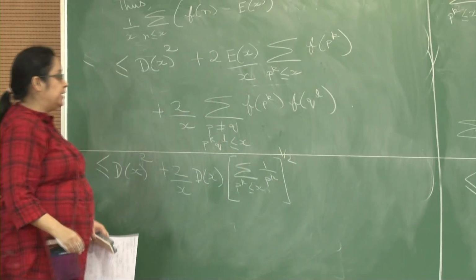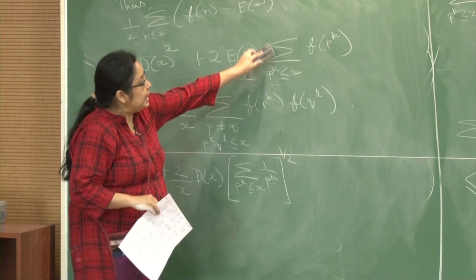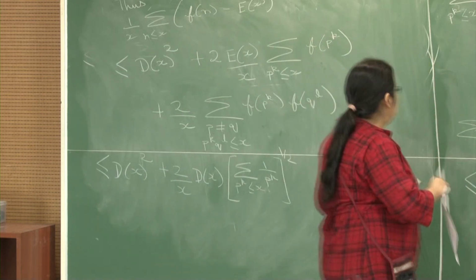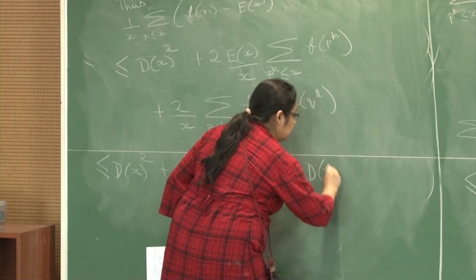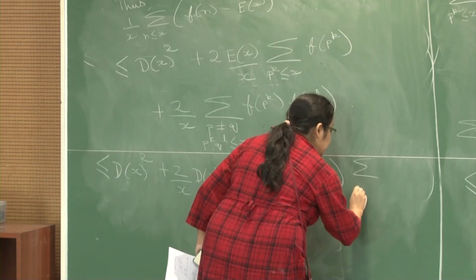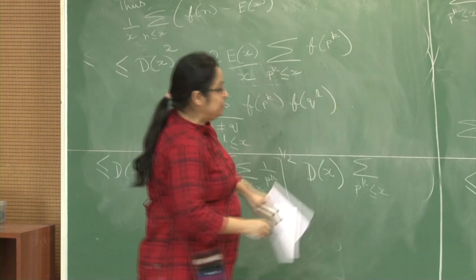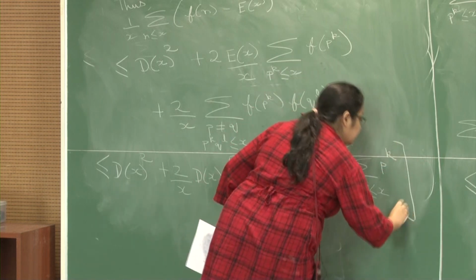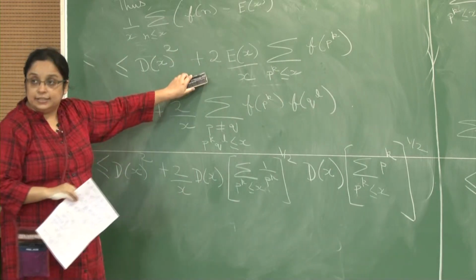This half is vital. So, 2 by x times this times you have this sum here, for which again you have written an upper bound in terms of d of x times the summation of p raised to the k less than or equal to x, p to the k, raised to the half. This takes care of the second term.